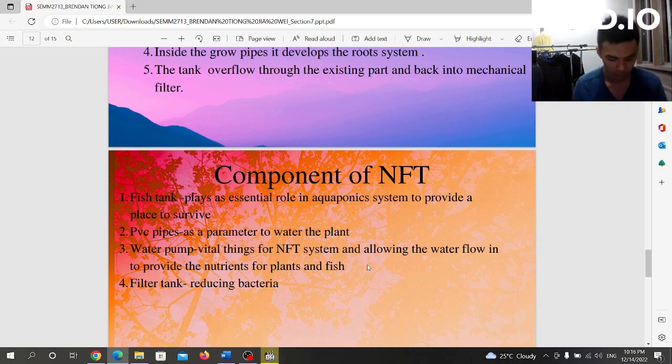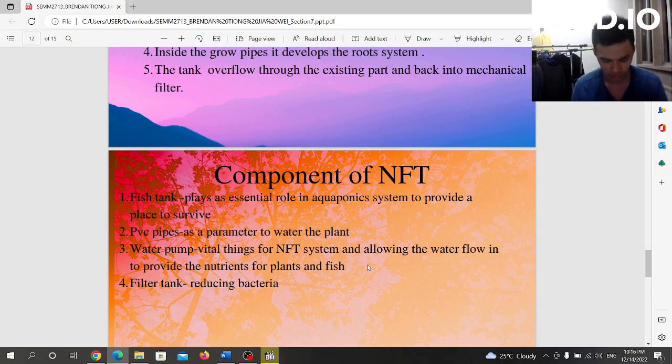The water pump is a vital part of the NFT system. The water pump ensures the water flows to provide the nutrients to the fish and the plants, and is continually pushed throughout your aquaponics system.